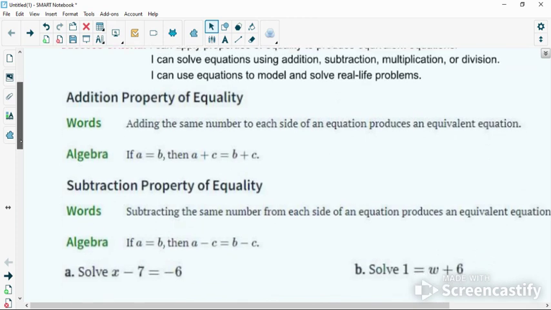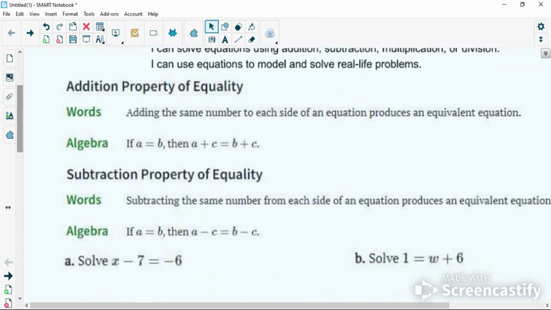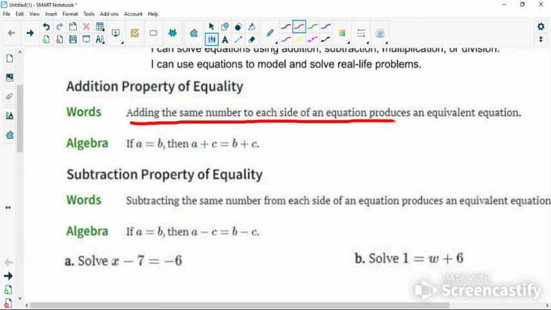Now, for us to go through and meet those criteria, there are 4 properties that you're going to need to know. The first is the addition property of equality. And you're going to need to copy down where it says adding the same number to each side of an equation produces an equivalent equation.